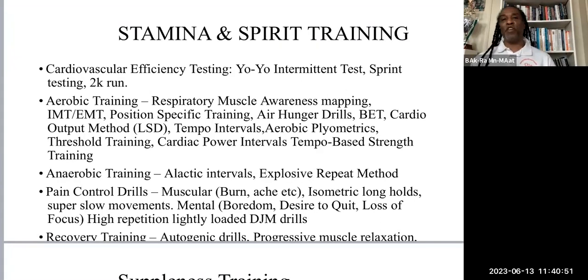Stamina and spirit training. Well, cricket is an intermittent sport. It's a sport of short, explosive activities, and you have to do it over and over and over, right? Over a long period. You have the test matches, which are 5 days, 6 hours a day. You have the 50 over games, which is 6 hours, and then the T20 games, which are 3 hours, right?